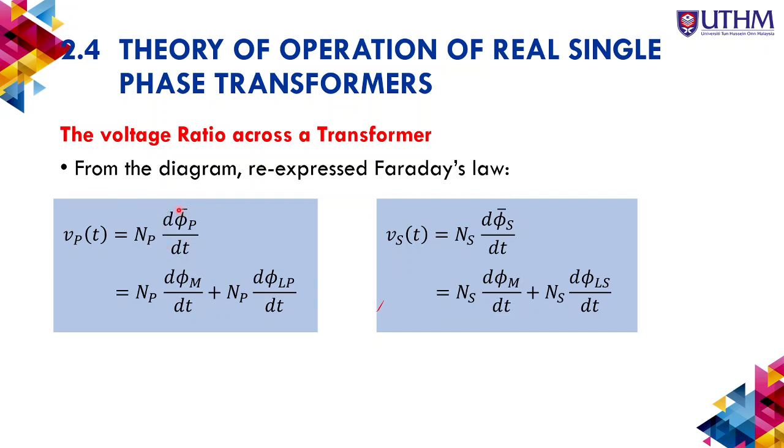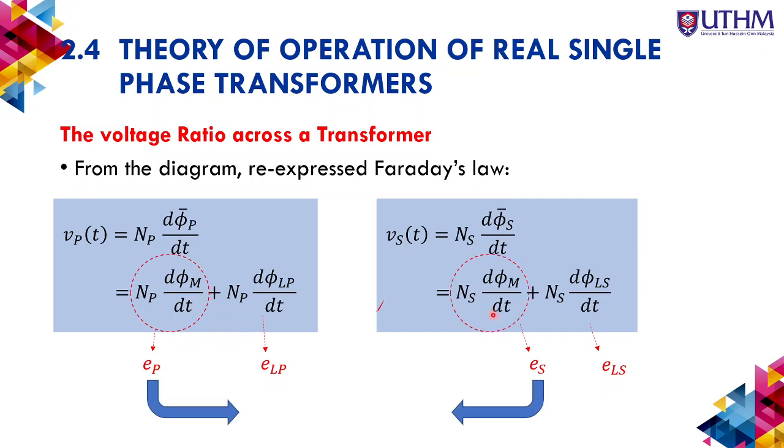So we try to expand this part. So there is a mutual plus the leakage. Okay, same goes to the secondary side. Mutual plus the leakage. Okay, so this is the EP and this is the ELP, ES and also ELS.